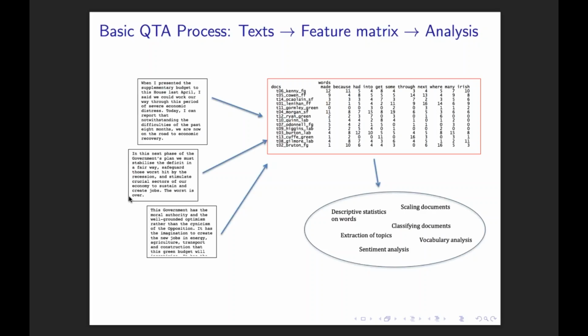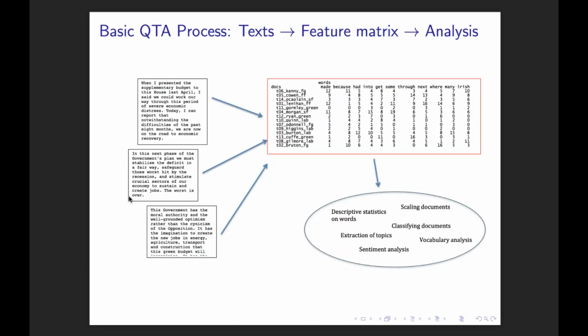And inside of those columns are the number of times that word is used in a given text. The first row says T06_Kenny_FG, and you can see that in that document, the speaker has said "made" 12 times, "because" 11 times, "had" 5 times, "into" 4 times.